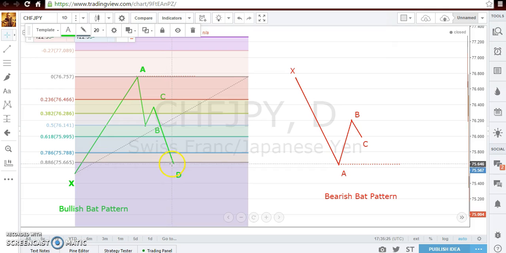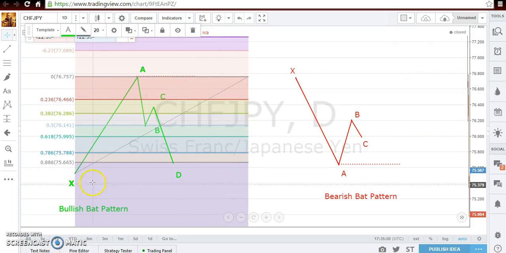Like I said, this is a huge difference when it comes to trading the bat pattern and the Gartley pattern. With the Gartley pattern we use the extension lines, but with the bat pattern this is what we do. We do the same process as the very first step, how we use the Fibonacci in the very first retracement.